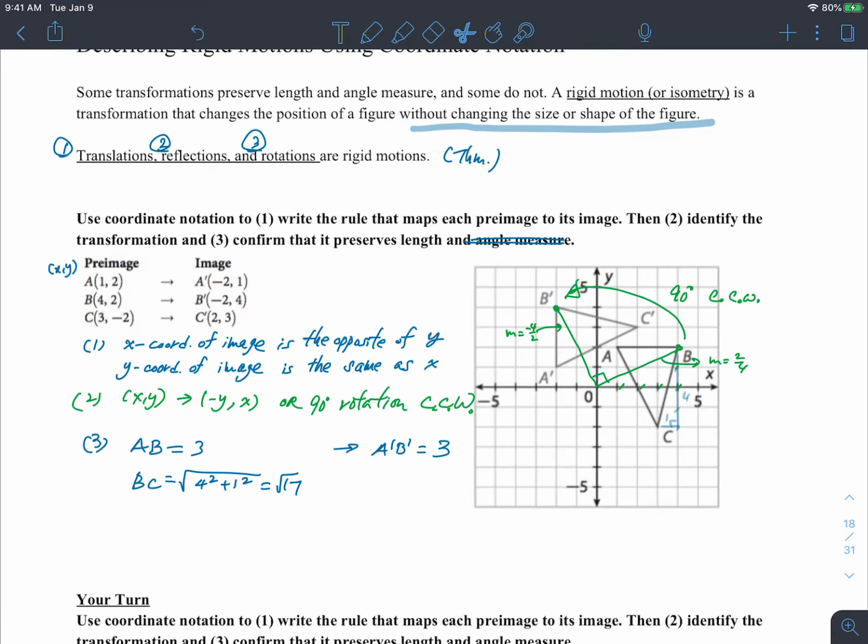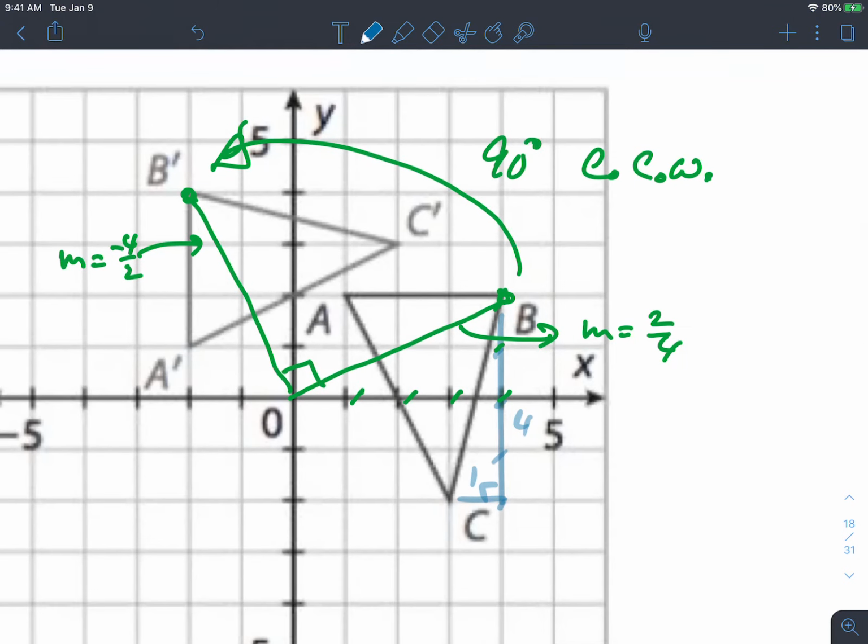All right, so let's go to CA. What is that equal to? CA is this. So if you look over here, that's 90 degrees. 1, 2, 3, 4 this way, and 1, 2 vertically.